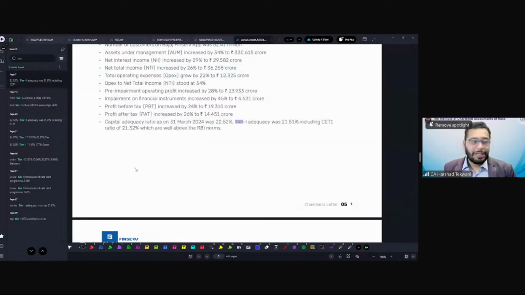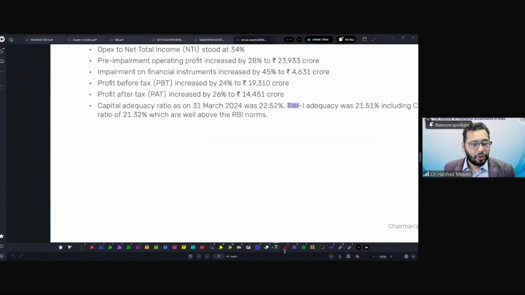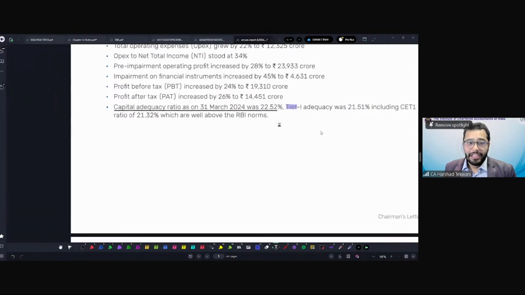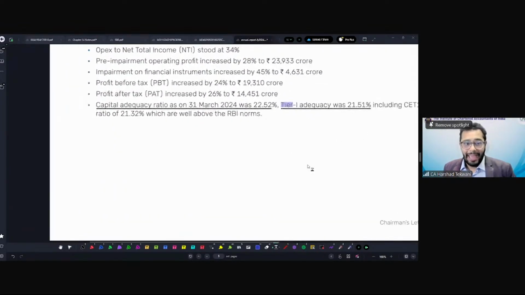If you see for this particular NBFC, what they are saying is the capital adequacy ratio as on 31st March 2024 was 22.5%, which has tier 1 at 21.51%. They have specified what is the tier 1 they have maintained.